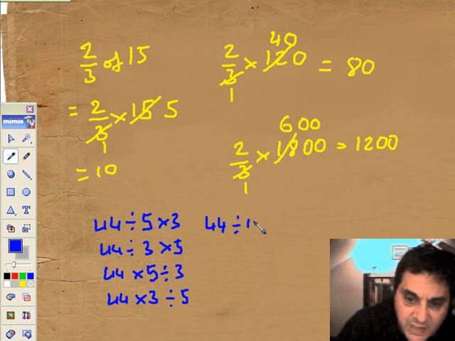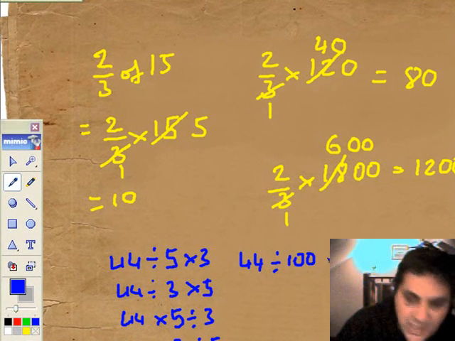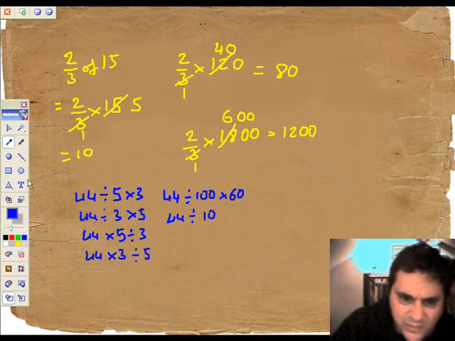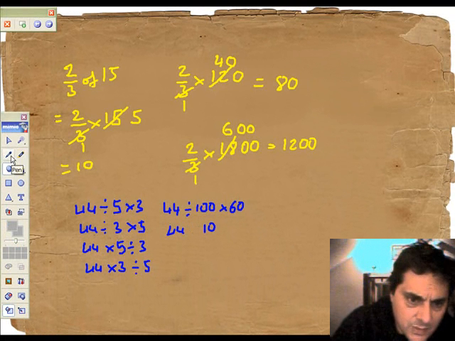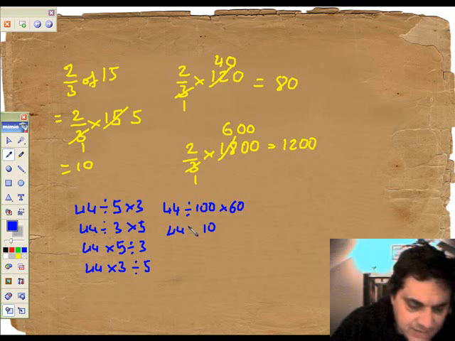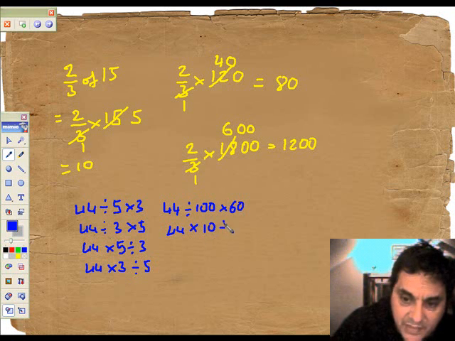44 divided by 100 and then multiply by 60, and 44, sorry, rub it out, 44 multiplied by 10 and then divide by 6.